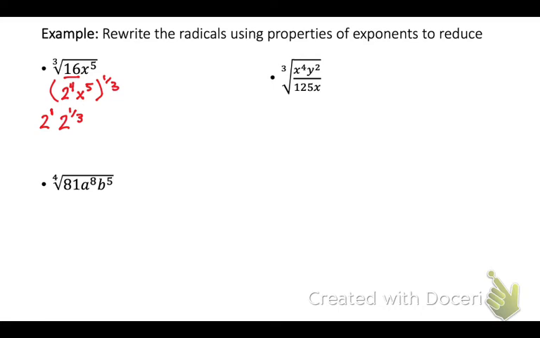Okay. Then how many times does 2 go into 5? Once, with 2 left over. So 2/3. So the 2 and the x are out of the radical, correct? And I have the cube root of what? 2x squared.